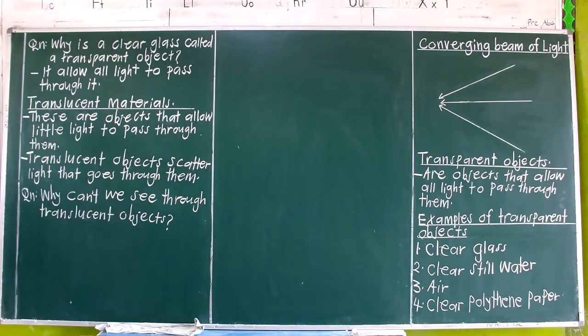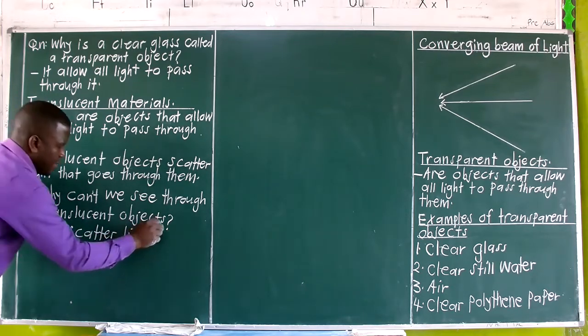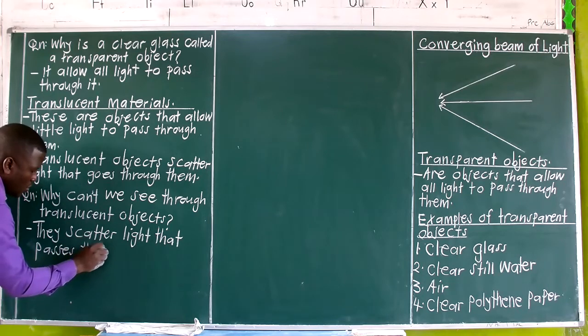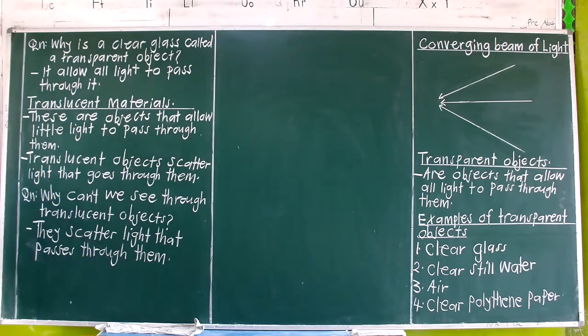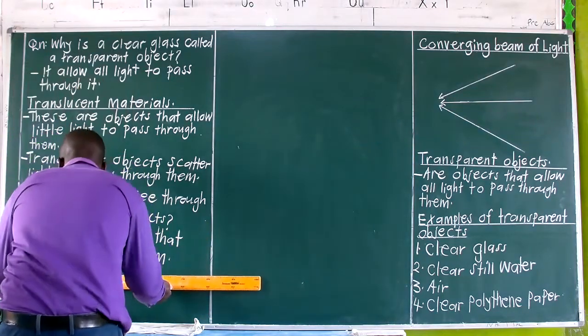Why can't we see through translucent objects? We can't see through translucent objects because they scatter light that passes through them. So the light that goes through them is scattered.